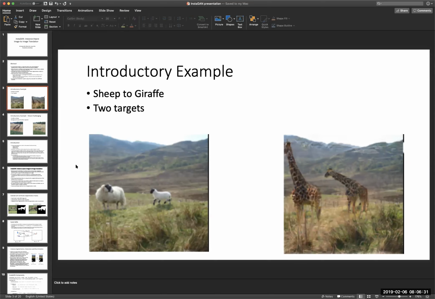And the targets, there are 2 targets in the input domain. So you can see how it's preserved the background. But these elements within the image are translated from one domain to the other.